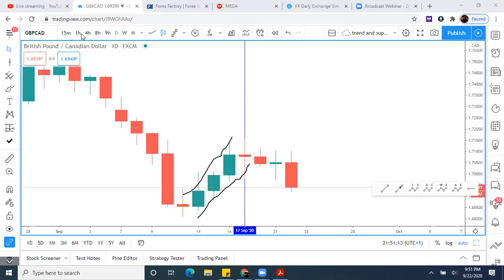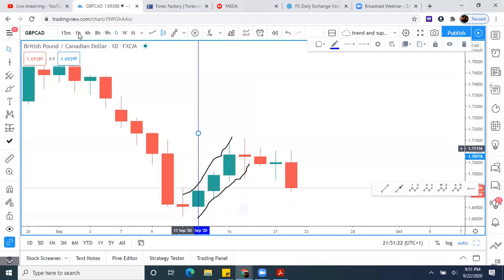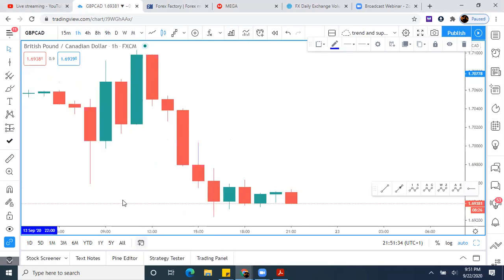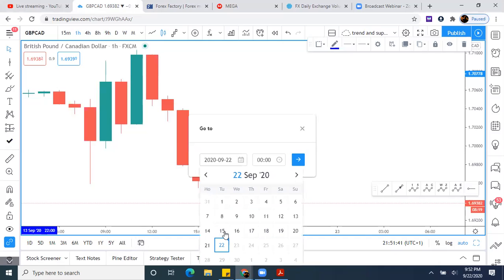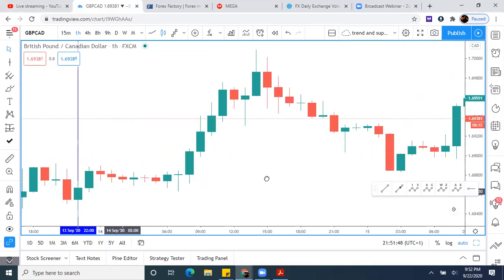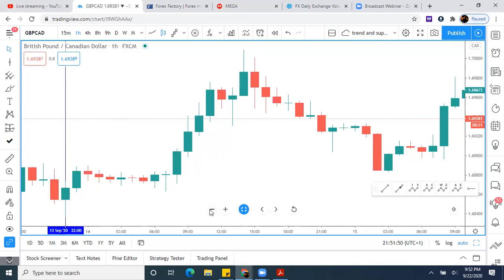So if you go down to a lower time frame like 1 hour, and we bring this all the way to September the 14th and go to 1 hour, you clearly see an uptrend forming, right?